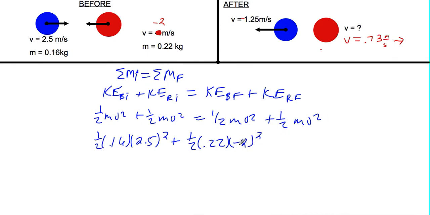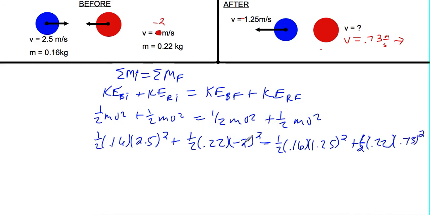Negative, positive doesn't matter. That's going to become positive. Is equal to 1/2 times 0.16 times 1.25 squared plus 1/2 times 0.22 times our speed here, which is 0.73 squared.